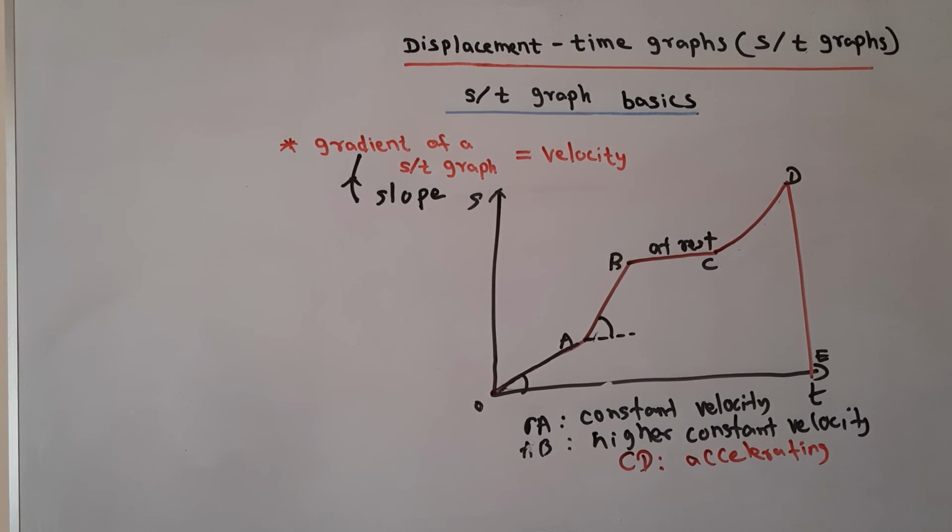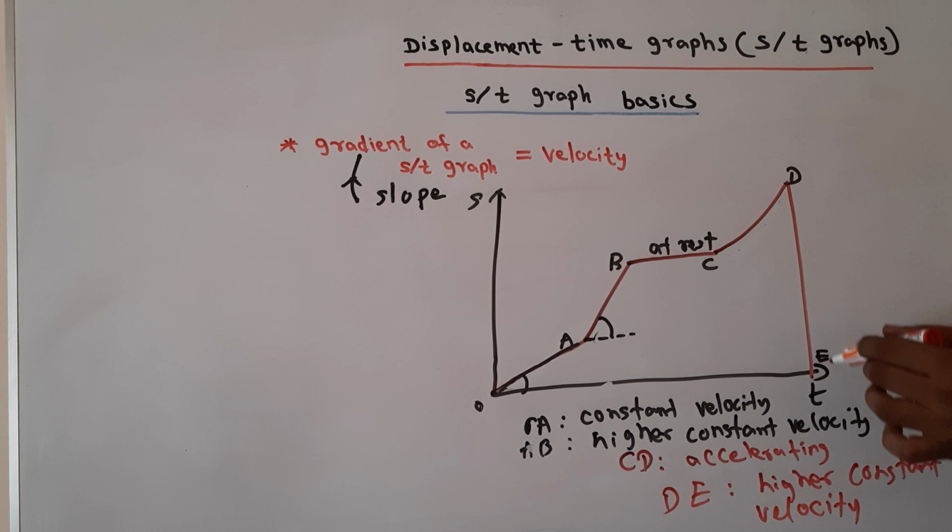And what about DE? Finally it returns back to the original position at a constant velocity, but this is a steeper line. This is also a higher constant velocity.